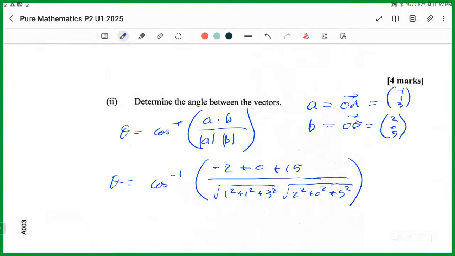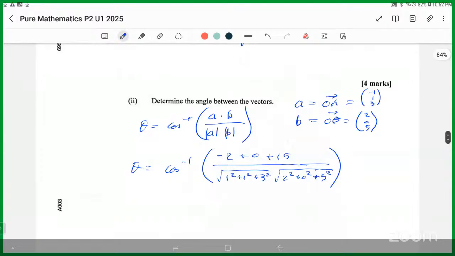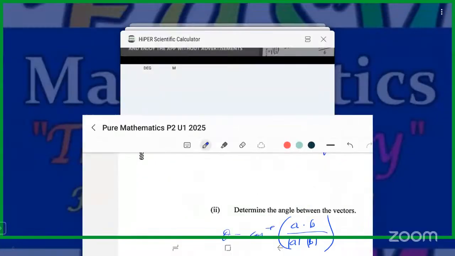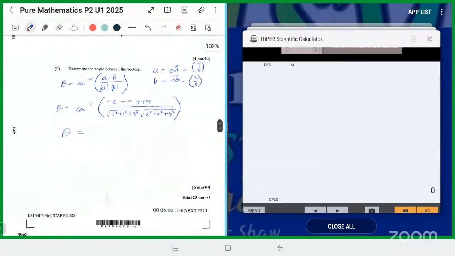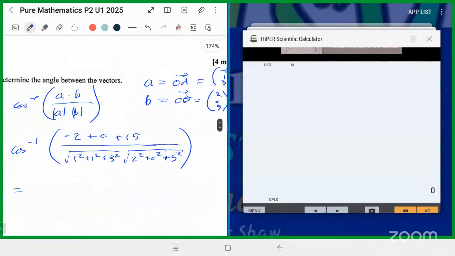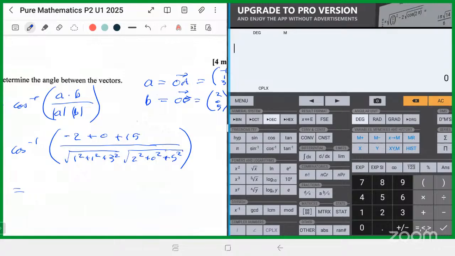I'm just going to put that all in the calculator in one go, not in stages, and leave it in degrees.